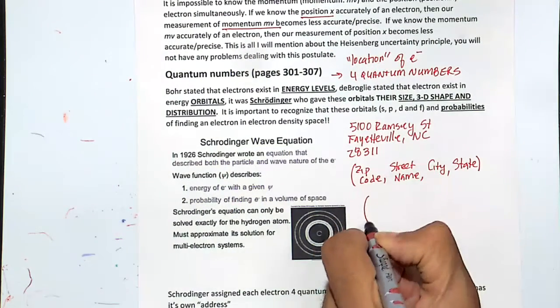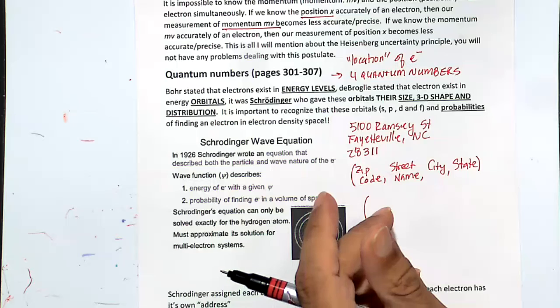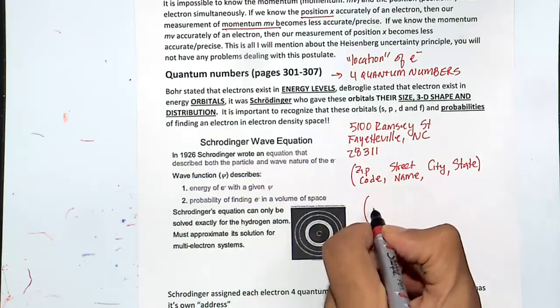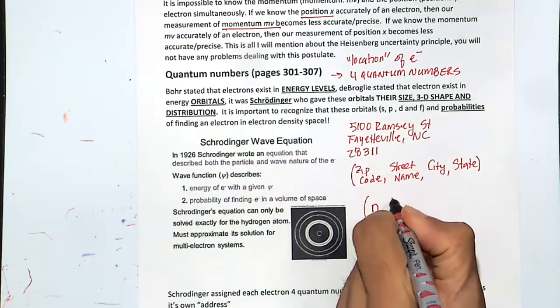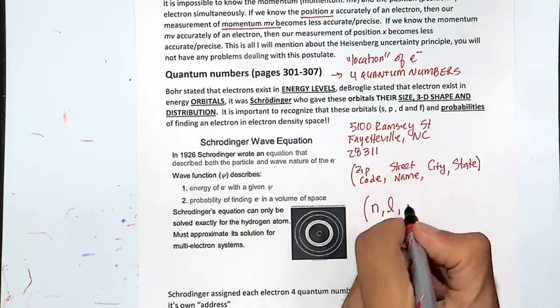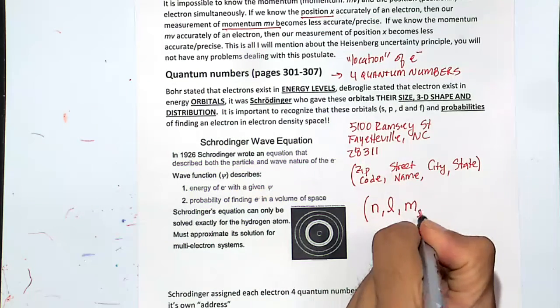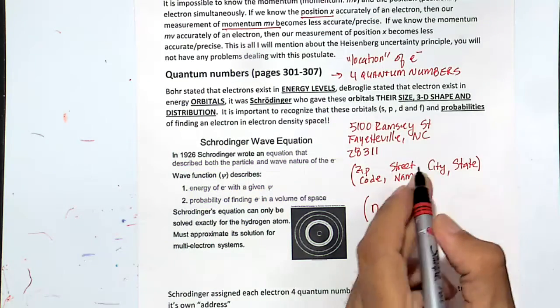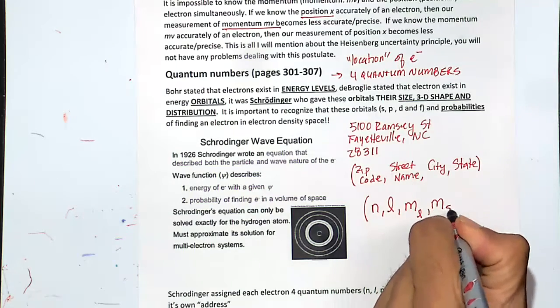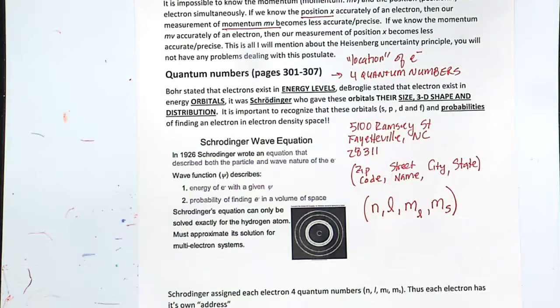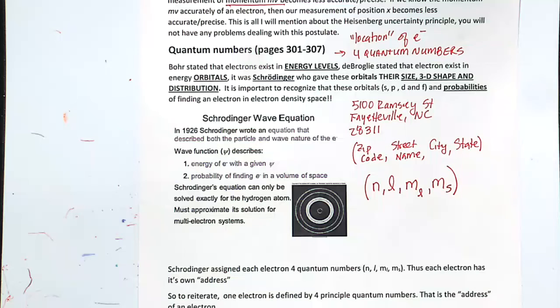They are n, l, m sub l, and finally m sub s. These are the four numbers that determine where these electrons reside.